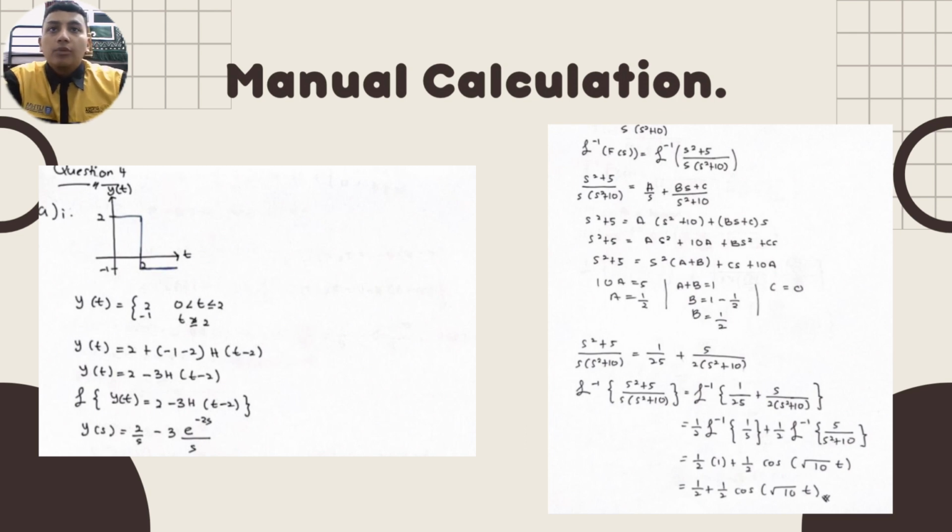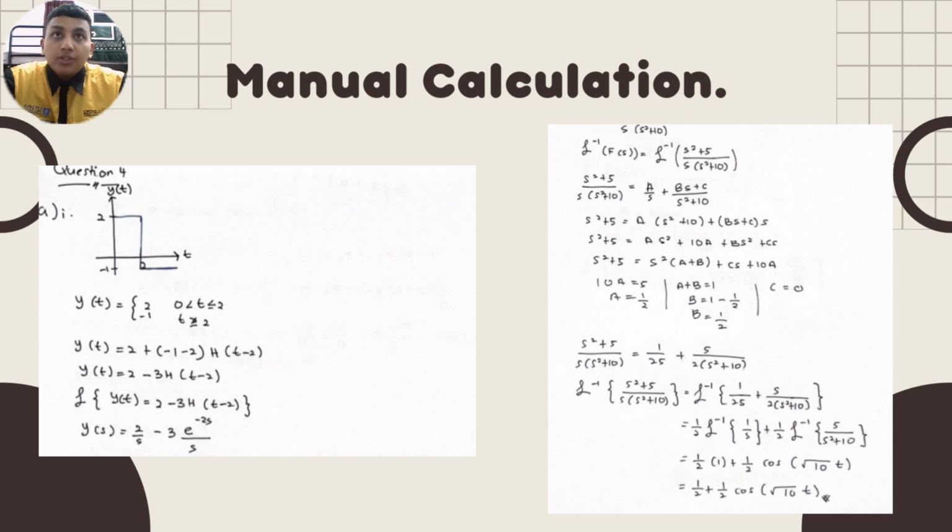For question A2, we have F(s) equals (s squared plus 5) over s(s squared plus 10). So, the Laplace transform of F(s) is the Laplace of (s squared plus 5) over s multiplied by (s squared plus 10). We simplify here, so I skip that. The partial fraction form is A over s plus (Bs plus C) over (s squared plus 10).